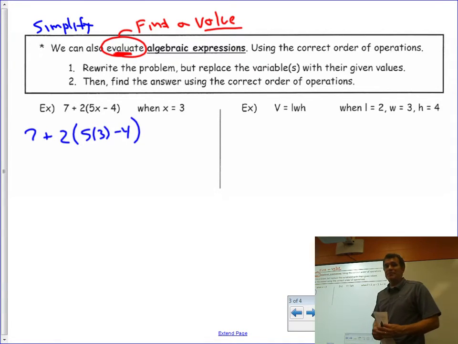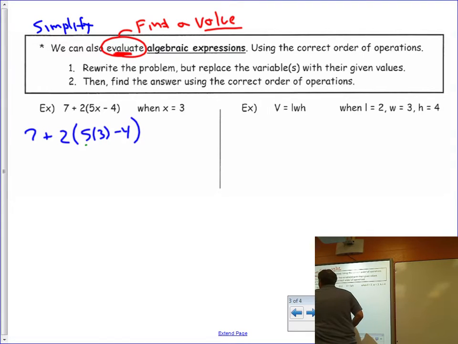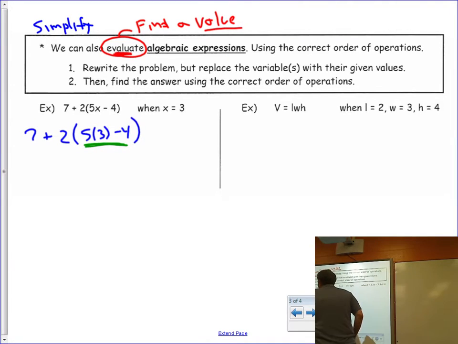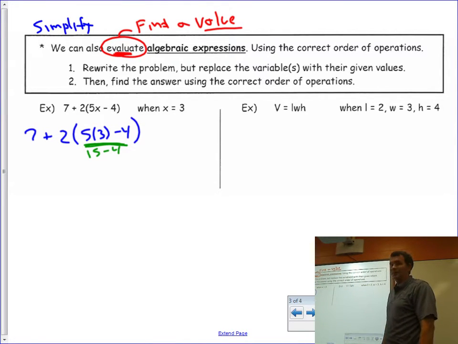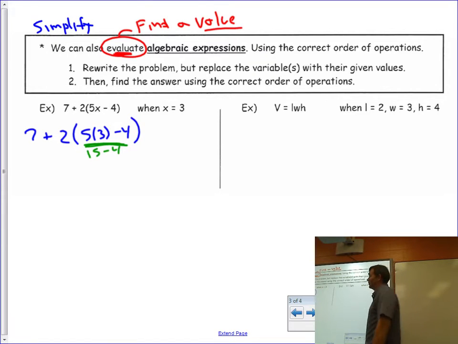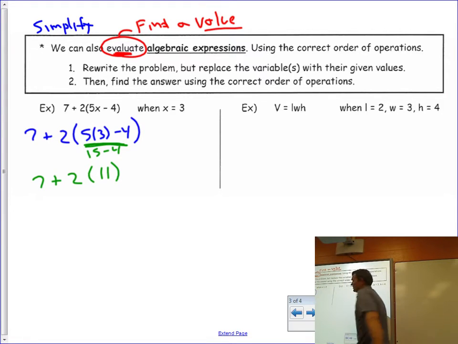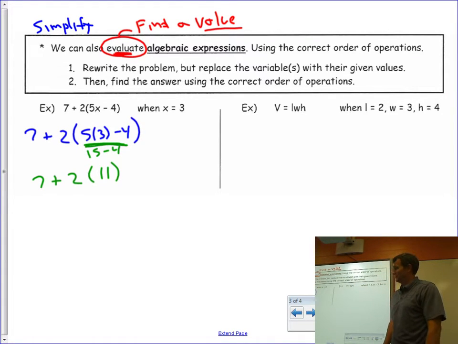The correct order of operations would say go in parentheses and do the parentheses first. In parentheses, this would be 15 minus 4. 5 times 3, 15 minus 4, and 15 minus 4 is 11. So this is really 7 plus 2 times 11.